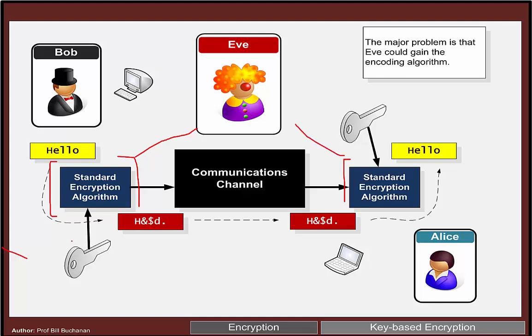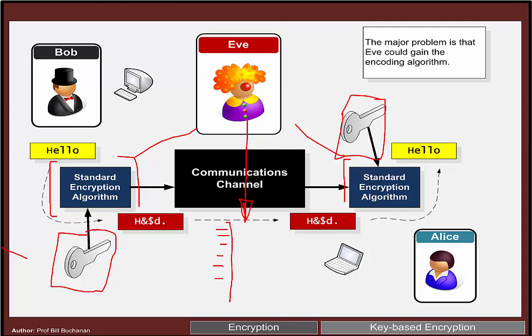And what we must do is to be able to use a key, a special key that only Bob and Alice actually know, and it becomes too difficult for Eve to be able to try all the possible keys to be able to find the one that actually works correctly. If we have a certain key space with a certain number of keys, then the average that we'll take is about half the key space to be able to, on average, find the right key that's involved. So we'll be looking at that in more detail in a future unit.